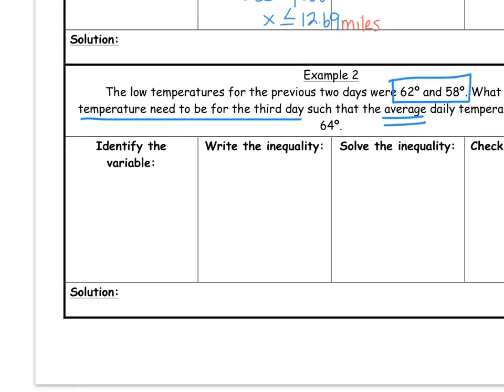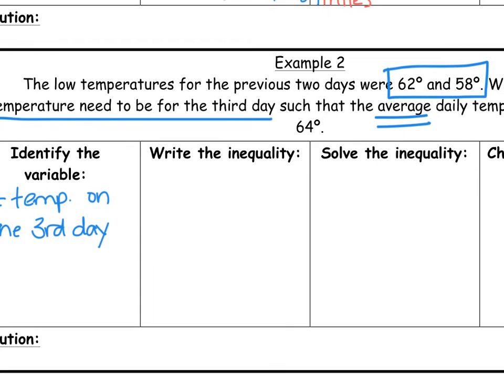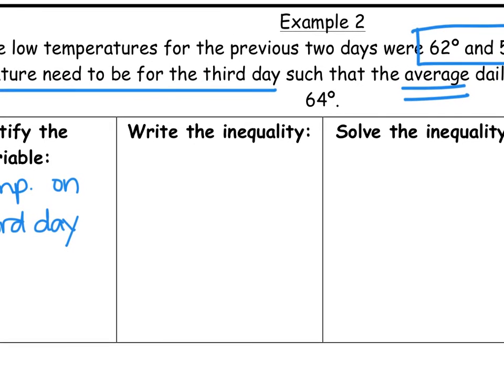I'm going to go ahead and identify the variable. Let x equal the temperature on the 3rd day. And now we need to write the inequality. So think back to how you find an average. We're looking for the average of 3 days.